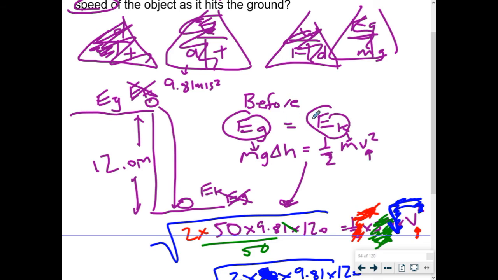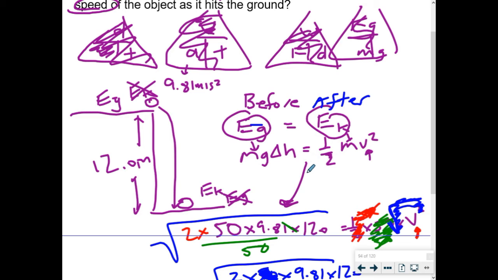We made them equal to each other, assuming no loss of energy over time. So what we start with equals what we finish with after. We then replaced formulas using algebra by saying, well, the formula for gravitational energy is mgh. The formula for kinetic energy is 1/2 mv squared. That's what the next step was.